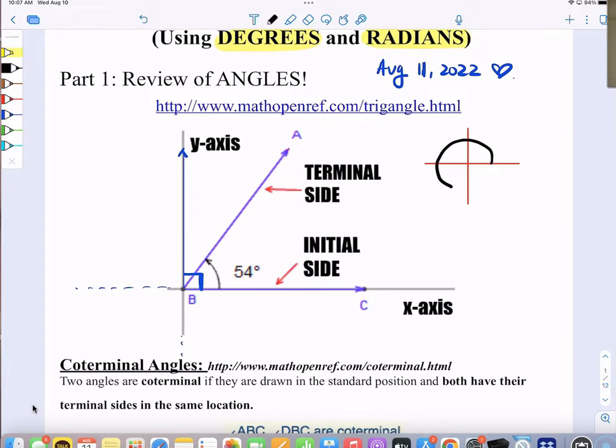Now, if the angle ends here, that means the terminal side lives here, in the third quadrant between 180 and 270 degrees. So you can tell me that the angle is somewhere between 180 and 270 degrees, okay? Because the initial side is here, it goes around, and the terminal side lies in the third quadrant, this angle is somewhere between 180 and 270. So angles are pretty baby stuff. I know, you're laughing, okay?